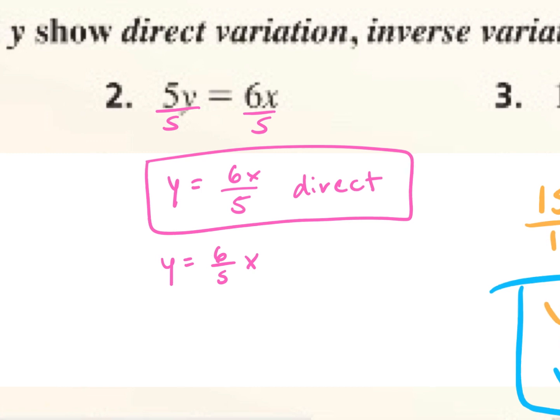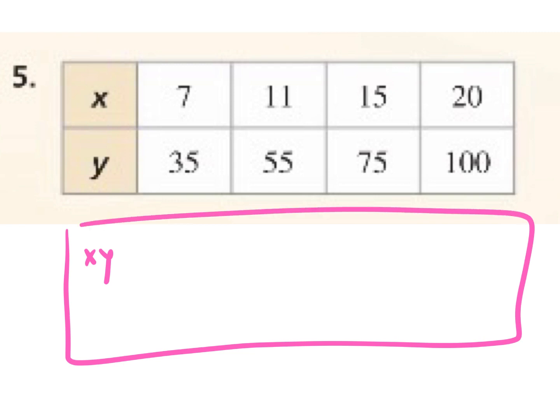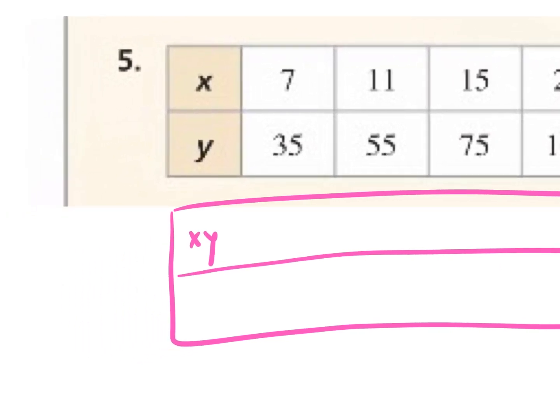So remember, when it's the table, it's kind of the opposite of what we think. We have to test x times y. I'll make a little table for us. So x times y would mean that it's what? Inverse. So if we multiply x times y and get a constant, it's inverse.